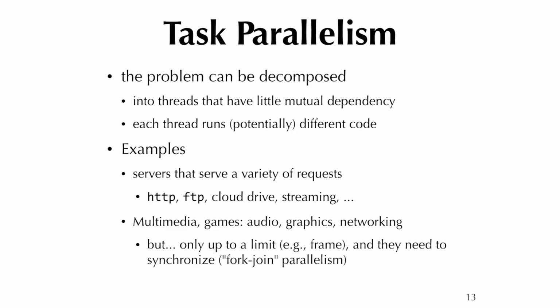You can pipeline these so that they don't have to sync up so often. You can be a few frames ahead. But every time you sync back up and then restart in parallel, that's called fork join parallelism. Now, don't let the word fork confuse you. This is really describing the pattern of taking one thread and splitting into multiple threads.